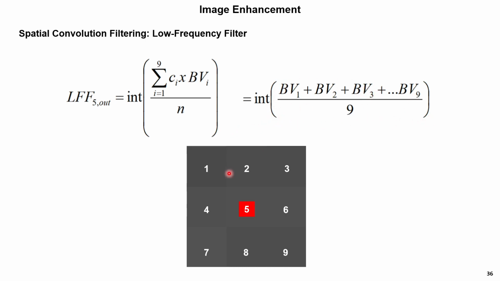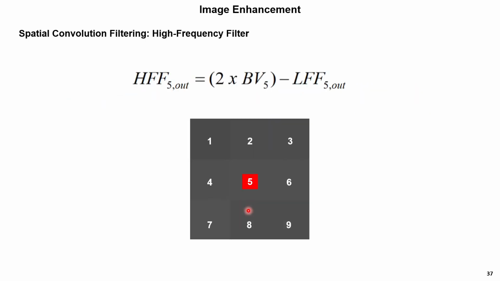We just compute the average of all the pixels and then find out the central pixel value. So this is for low frequency. For high frequency, it is 2 times the brightness value of this pixel minus the output of the low frequency filter from the previous calculation. So we need to make use of both for a high frequency filter output.